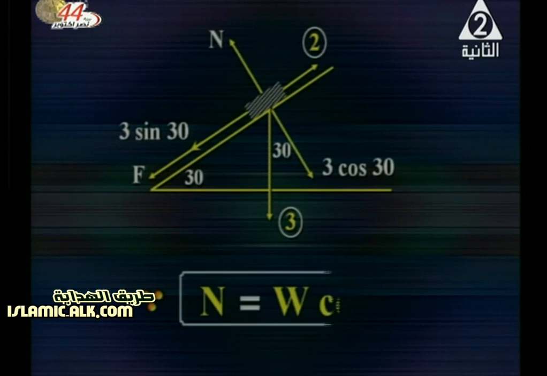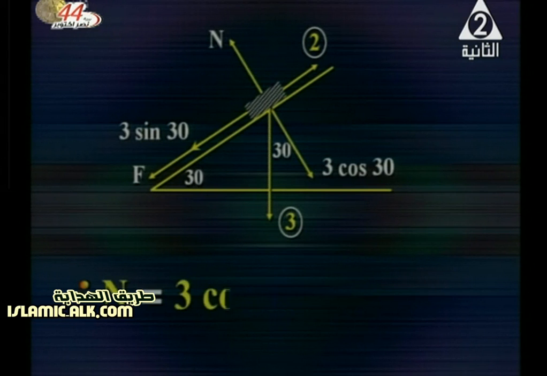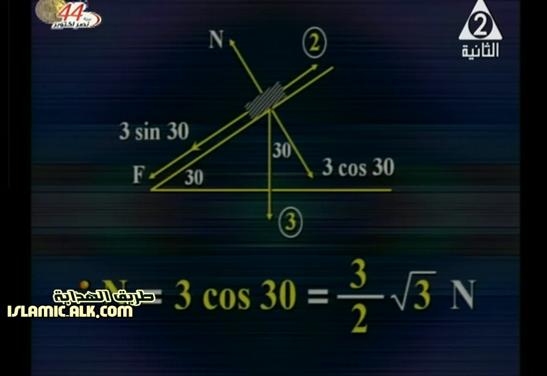Since N equals W cosine theta, by substitution N equals 3 cosine 30, which equals 3 over 2 root 3 newtons.